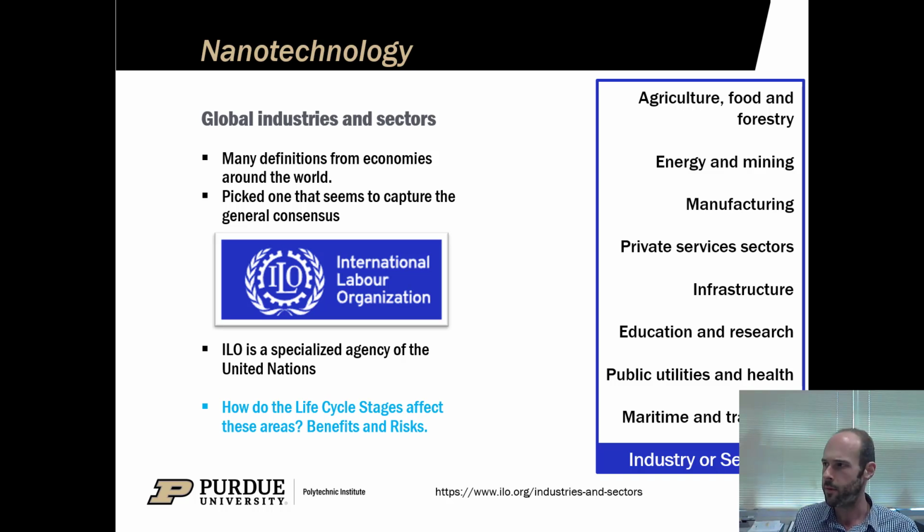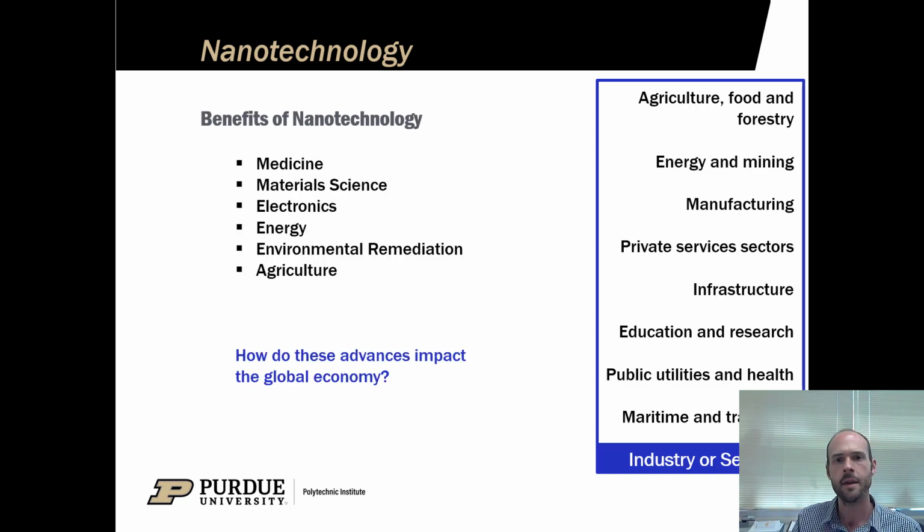There are a number of lists of the sectors of the economy. I found one that generally tried to capture everything. And I wanted to look at, given the new requirements of the nanotechnology development and life cycle, how do those benefits and risks plug into these different industries and sectors? And by doing that, I'm looking to map the impact in different areas.